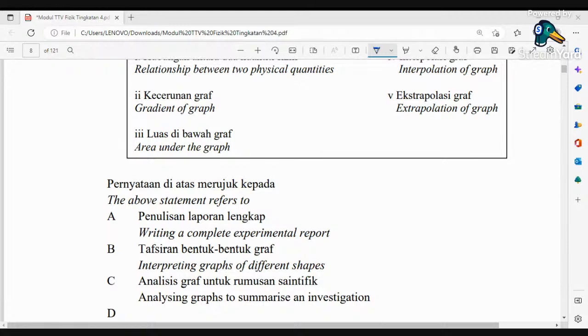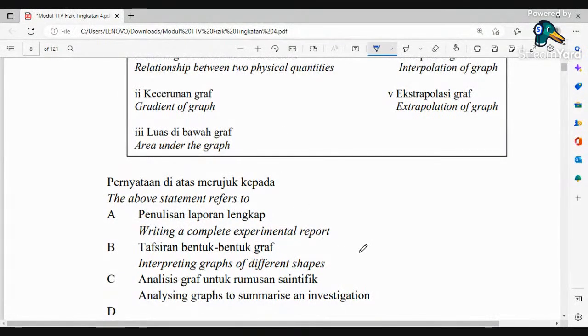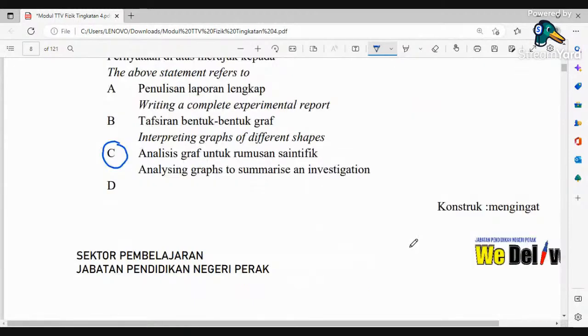Apa answer dia soalan ni? Conjugate, yes, C, correct. It's analysis, good. Analysis of graph, correct. So all this process, we call it analysis. Analyzing graph, okay.